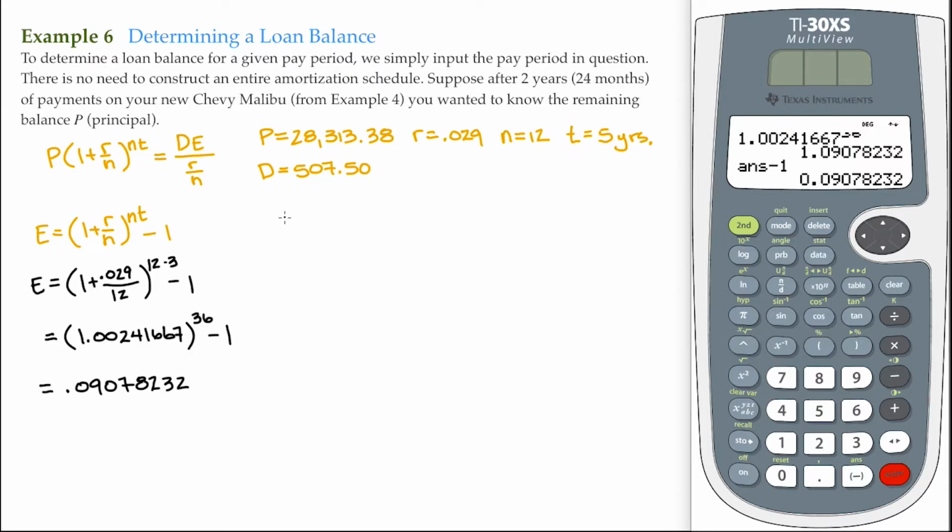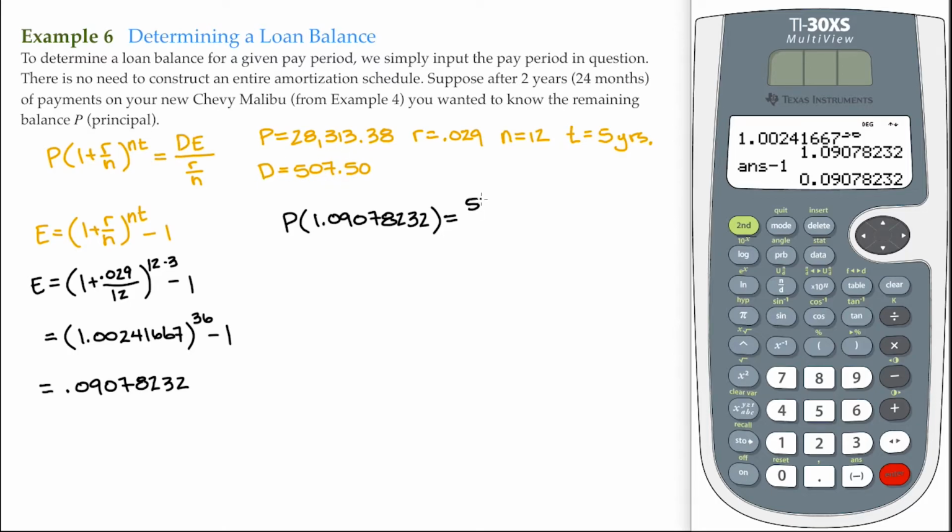So this is going to be P times this rate, here it is again, except it's got minus 1, so we'll just add 1 back in, 1.09078232. That's equal to D. We already determined what D is.